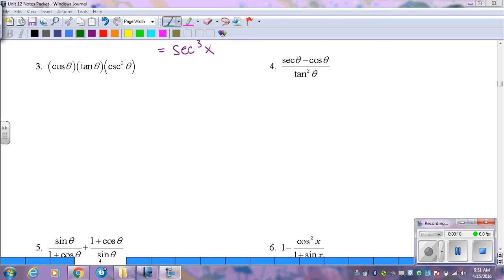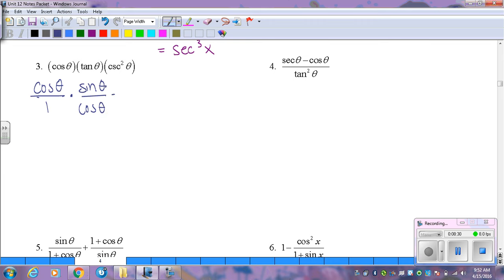All right, I'm going to skip down to number 3 here. So we have the cosine of theta. Whenever you can, try and keep things in terms of sine and cosine. Tangent is sine over cosine. And cosecant squared is going to be 1 over sine squared. All right, so now just like we did rational expressions, and when you could reduce common factors, the cosines are going to reduce to 1.